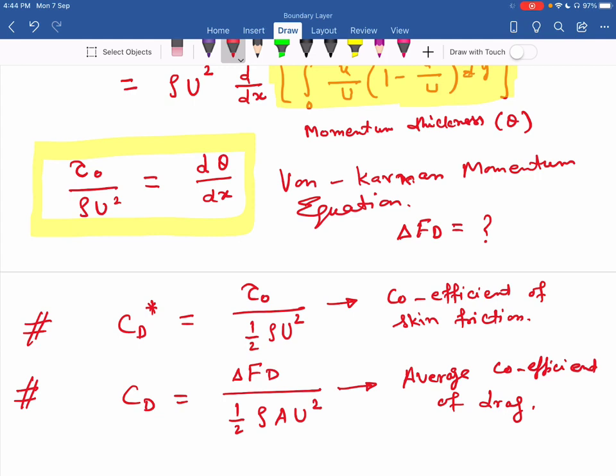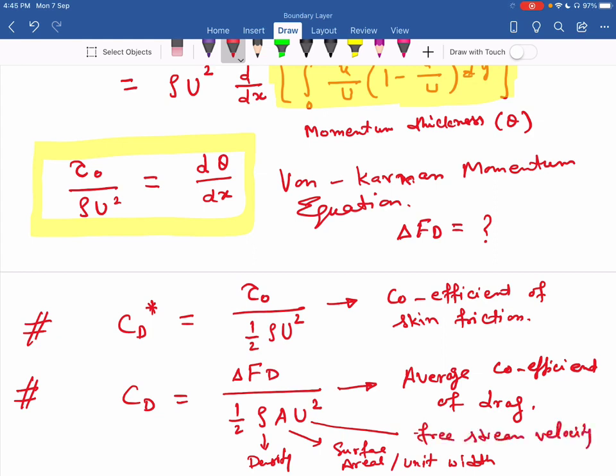Here rho is the mass density, A is the surface area per unit width of the plate, and U is the free stream velocity. So these are the two more terms that we can relate with the boundary layer. This is all about the boundary layer in your syllabus. Thank you very much.